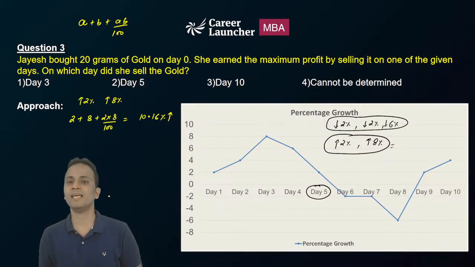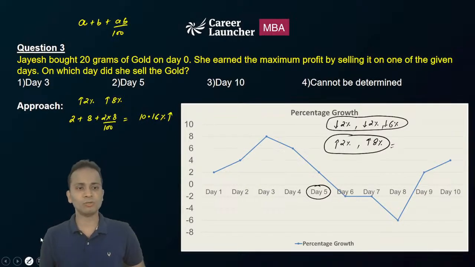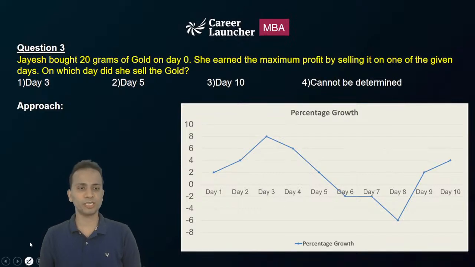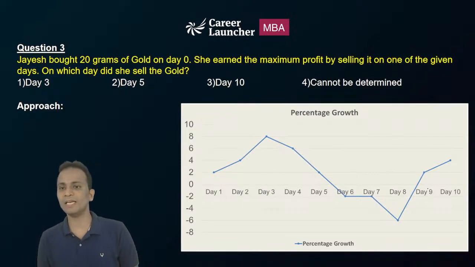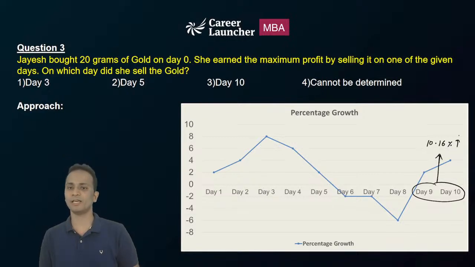Am I clear? Right? Sure? Okay. Now, let's keep it aside, 10.16%. So, combining day 9 and day 10, I can say that there is a net increase of 10.16%. Okay, I have written it in the graph.